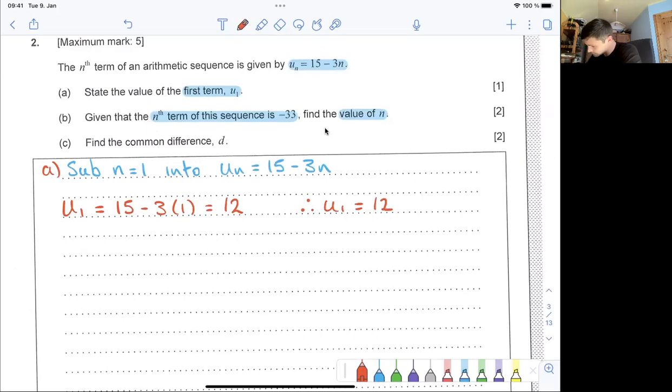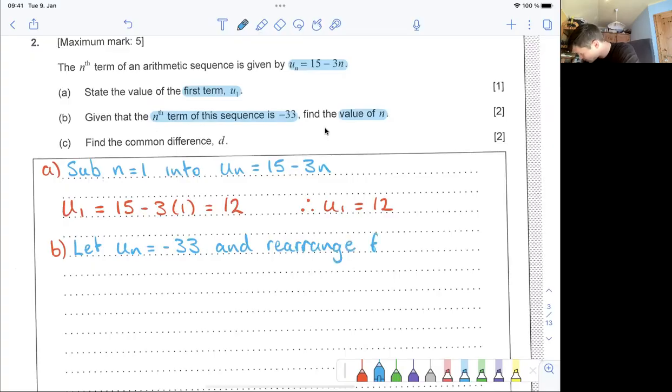So what we're going to do is let un equal negative 33 and rearrange for n.